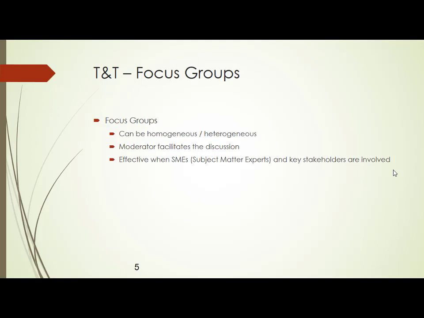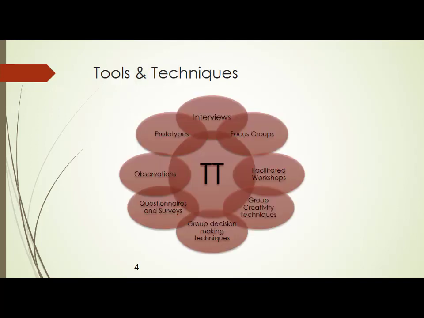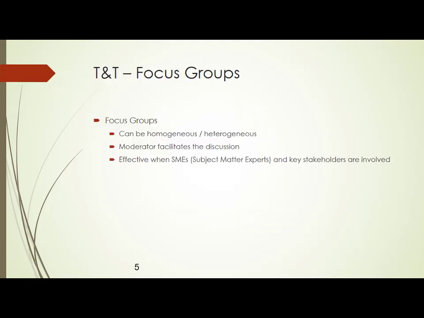For example, you may create a focus group that involves people from executive directors as well as the board of directors. Then it becomes a heterogeneous focus group. So focus group is one of the tools and techniques to collect the requirements from the stakeholders.